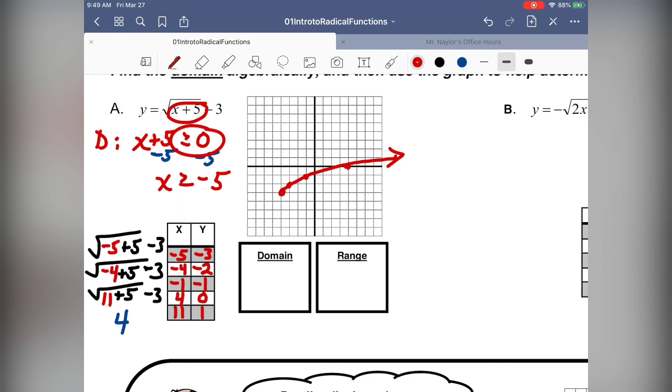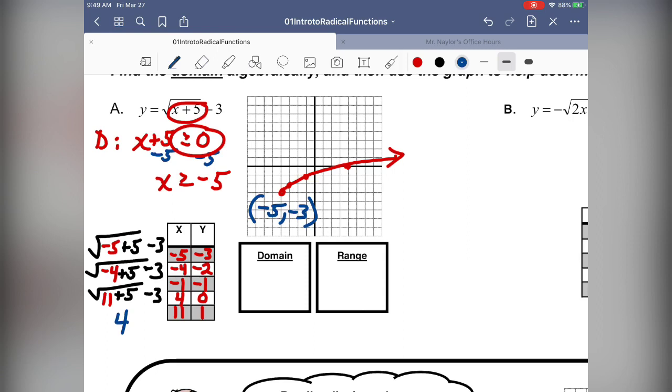Now, the one thing about this radical graph is that it did have a different starting point, and you're going to begin to realize that that starting point is really the most important point. In fact, we'll call it the vertex. I just want you to notice it. One of the reasons that it's really important is because it's really where the domain and the range always start.